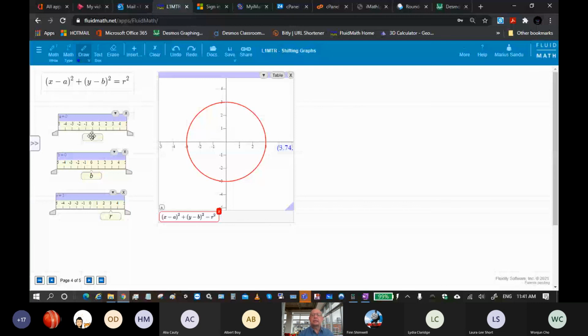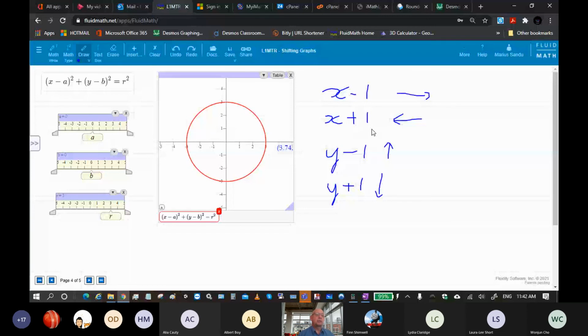As you can see, it's counterintuitive. Okay? If you add to the x, it moves left. If you subtract, it moves right. If you add to the y, it moves down. If you subtract, it moves up. Okay?